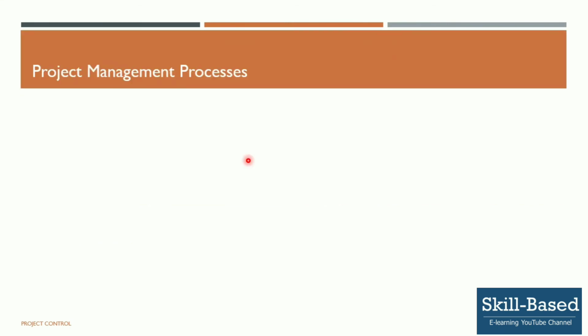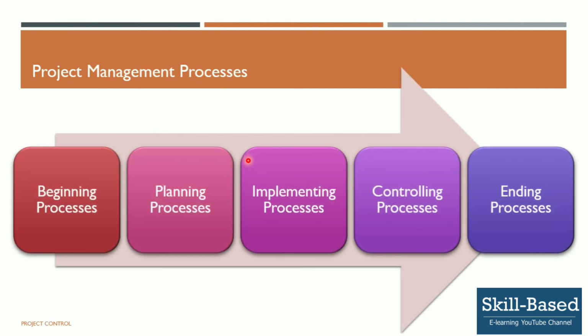And project management processes are a combination of the following processes: beginning processes, planning processes, implementing processes, and after implementing them, we need to control the processes, and ending processes. These are the main general ideas about project management processes.